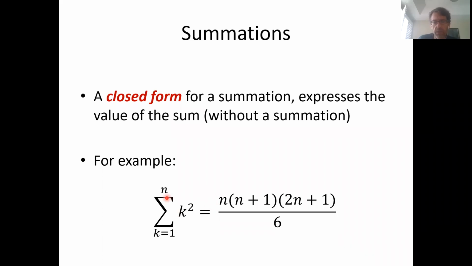Well, it's the only formula that matches the base case. So it is 1 at n equal 1, right? You can verify: 1 times 2 times 3, that's 6, divided by 6, so it's 1. And then it also matches the recursive relation with which you can define this. What is the recursive relation that defines the summation? I can define such a summation through a recursive formula, like how?